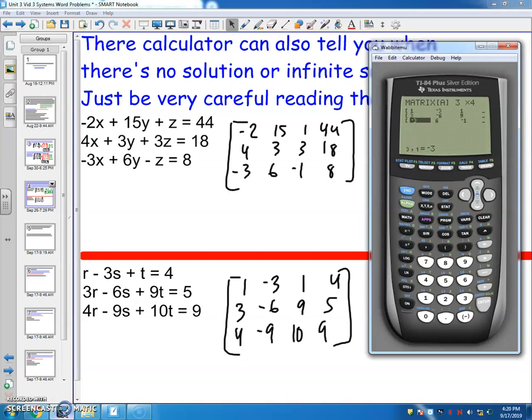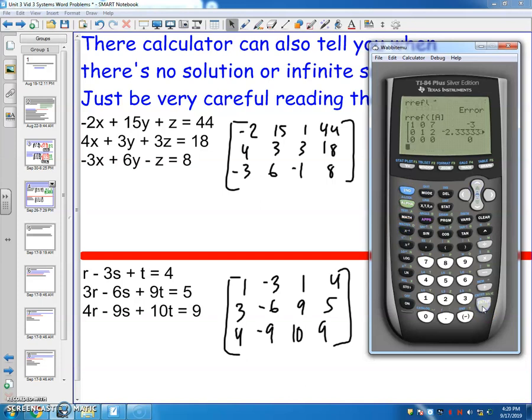Alright, so typing the last numbers, the last row is 4, negative 9, 10, 9. Second quit, second matrix, math, B, REF, second matrix, A, enter.